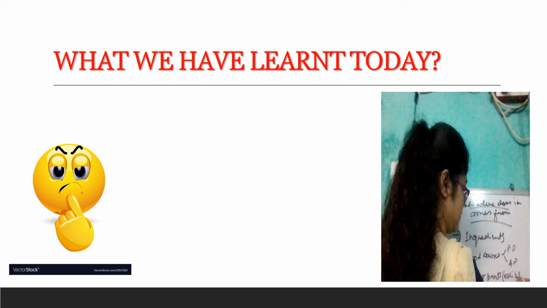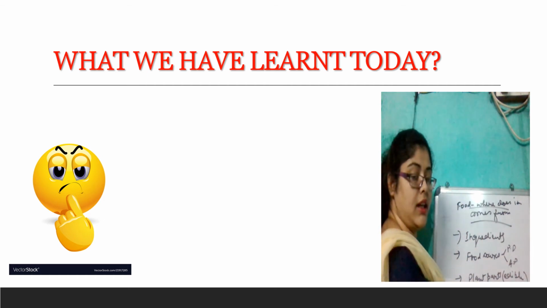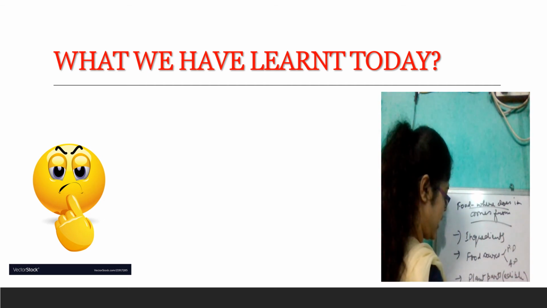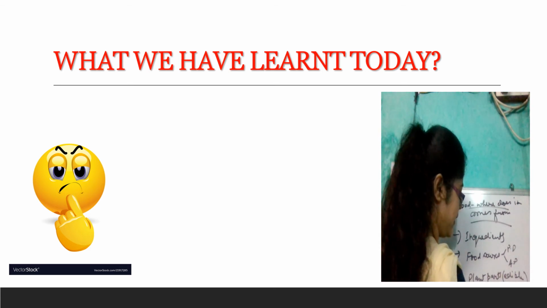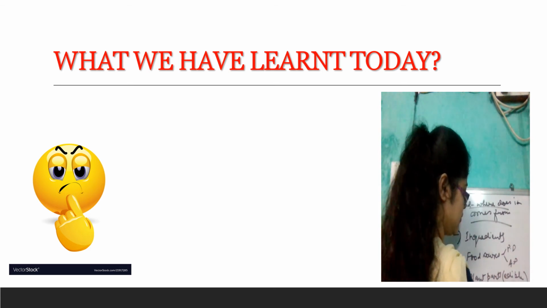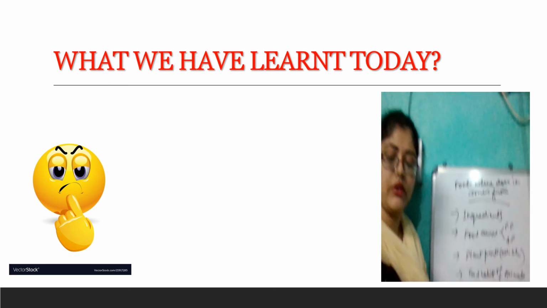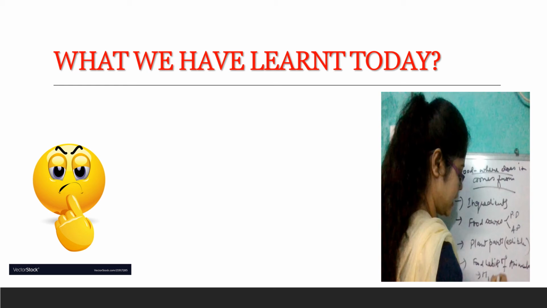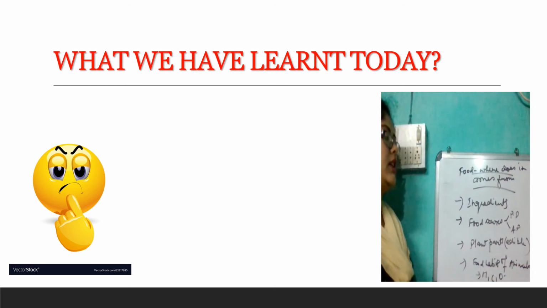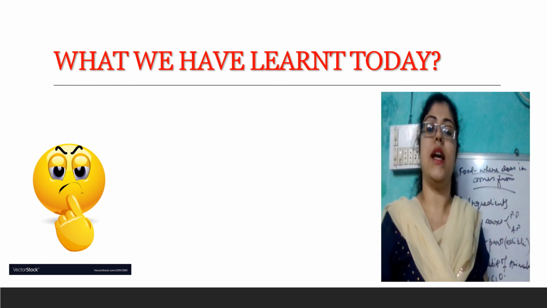Finally we learned about the food habits of animals. Under this we came to know about herbivores, carnivores and omnivores. With this our chapter 1 ends.